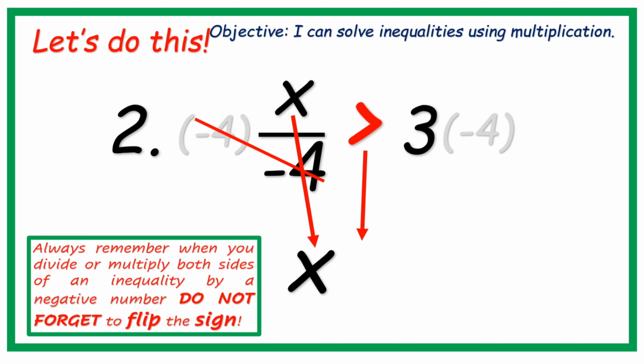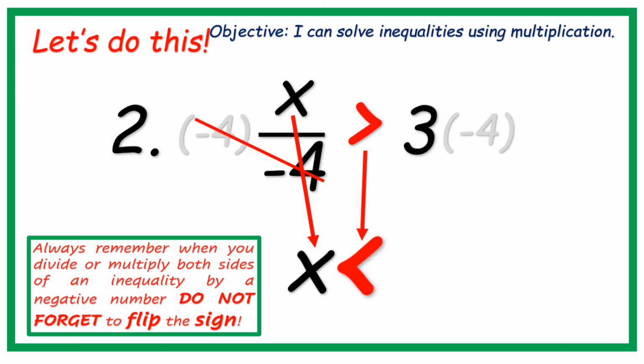What will happen next here? Always remember, guys, when you divide or multiply both sides of an inequality by a negative number, do not forget to flip the sign. Okay, I almost forgot. So what will be the sign here?